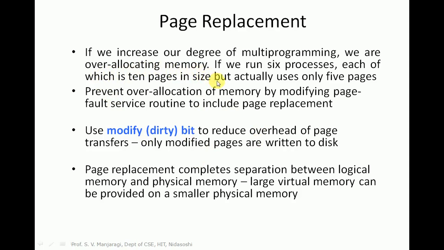For example, if we run 6 processes in the system and each process has 10 pages, but actually it uses only 5 pages, we are allocating 10 frames to that particular process, but out of 10 we are utilizing only 5.